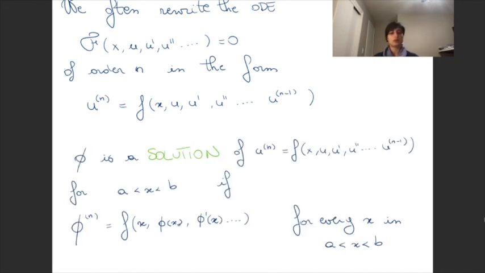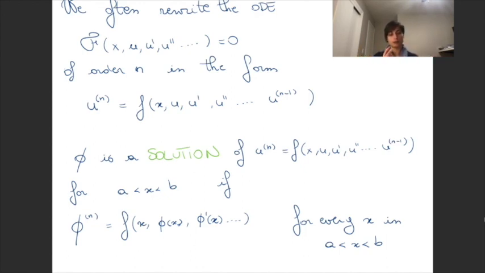What is a solution to an ODE? The solution of an ODE is a function that you can fit inside the ODE and it makes sense. But what is different from a normal algebraic equation? The difference is that when you're talking about the solution of an ODE, you talk about the solution within a certain bound.